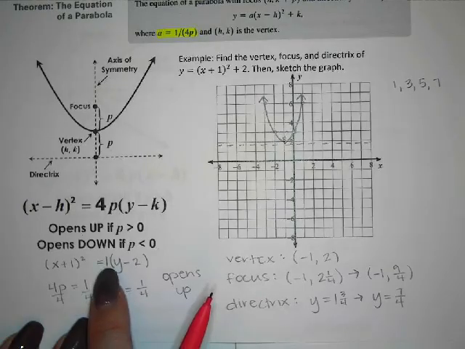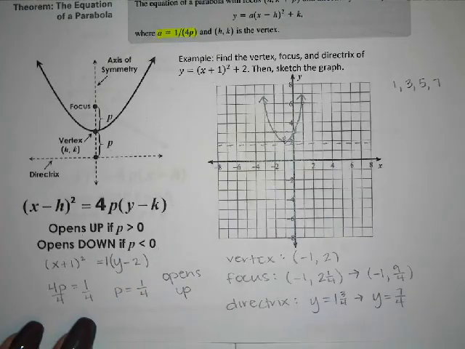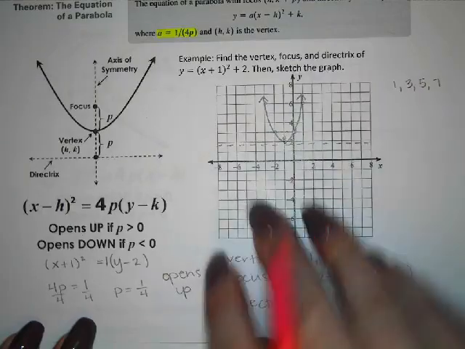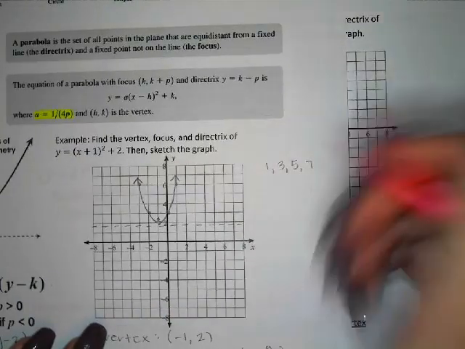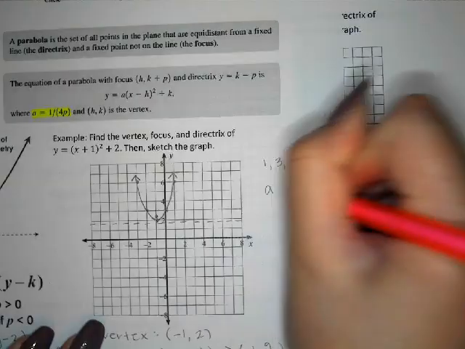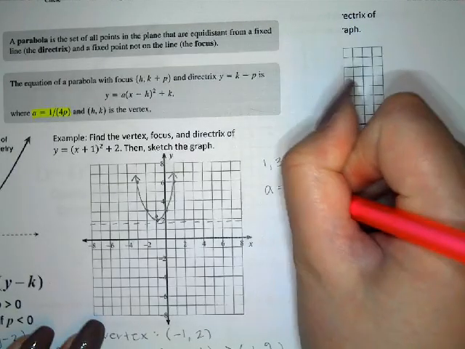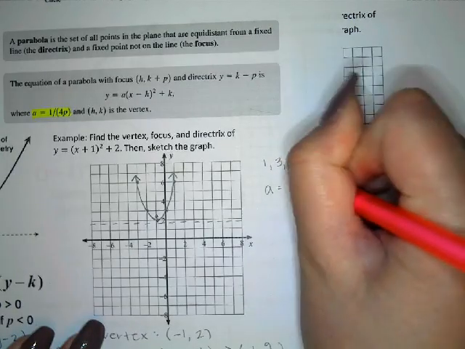We have to think about what the A value would be, because the A value is the number that tells you your stretch or your compression. Okay, so we're going to edit our notes over here a little bit. We're going to say A gives you stretch, vertical stretch, or compression.